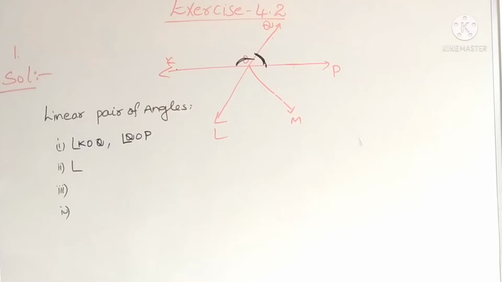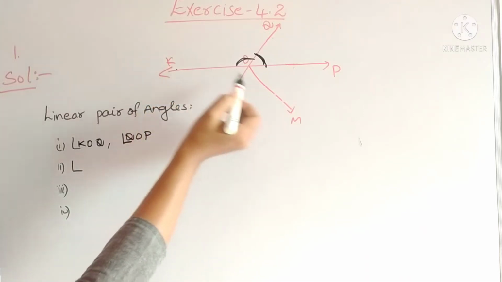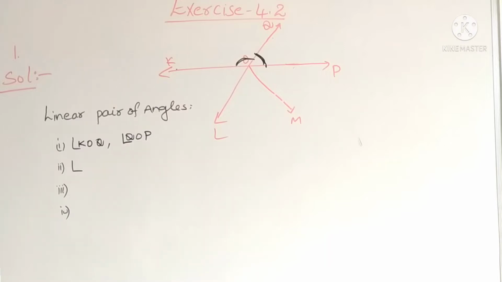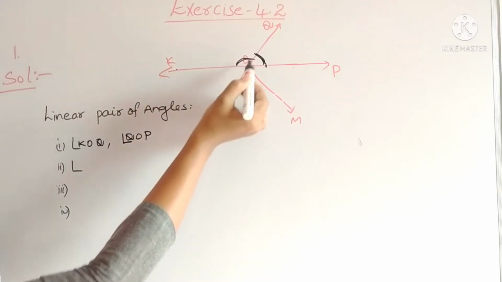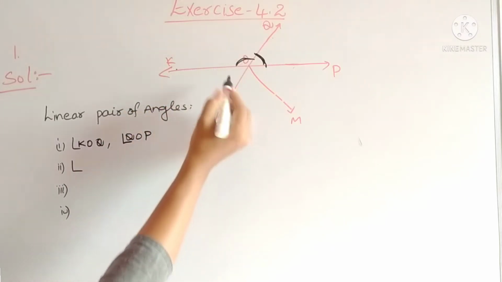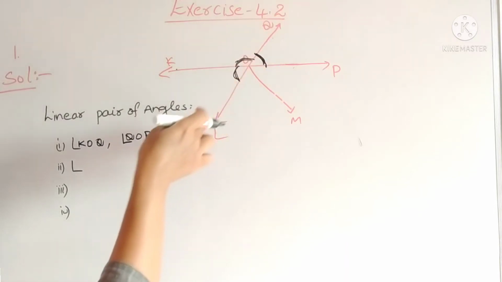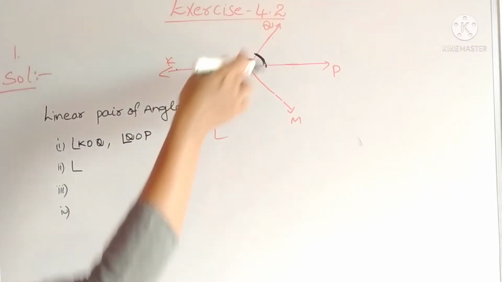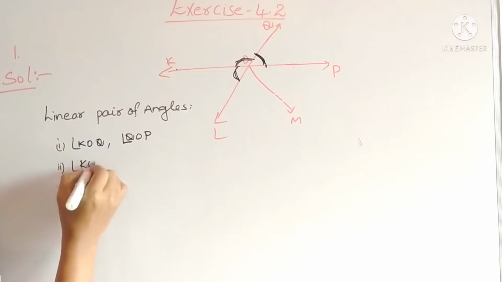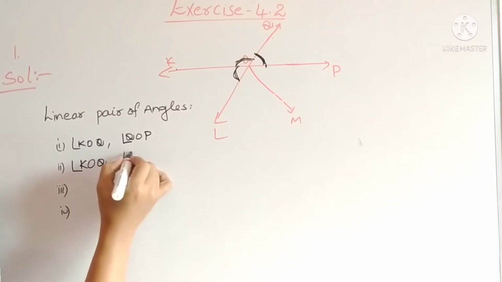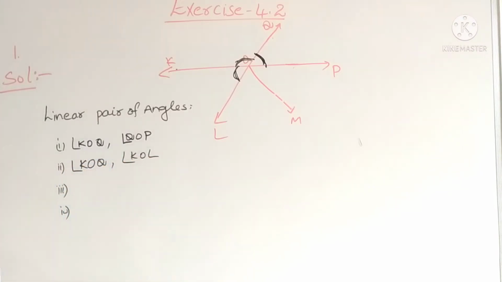Okay, next see angle KOQ and angle KOL. This KOQ and KOL, these two angles are forming a line LQ, right? So angle KOQ and angle KOL.